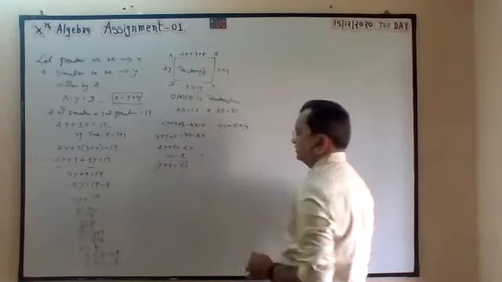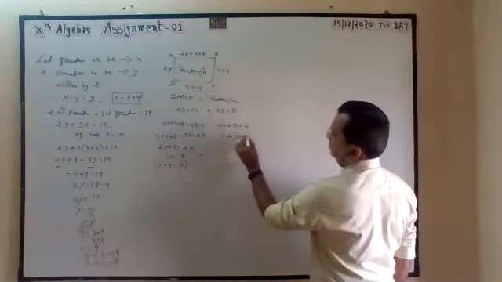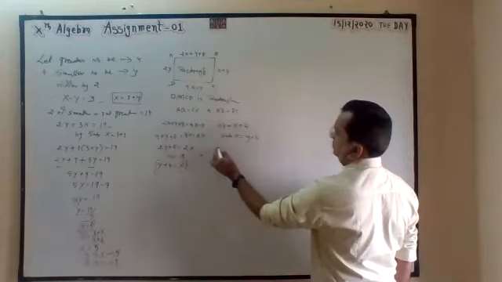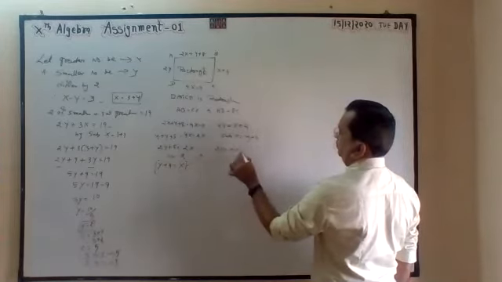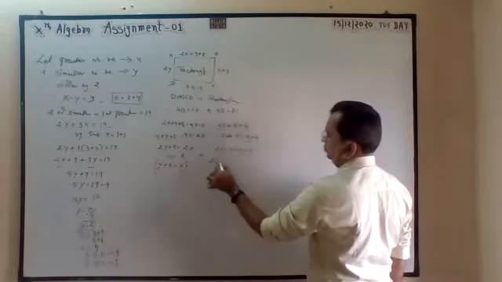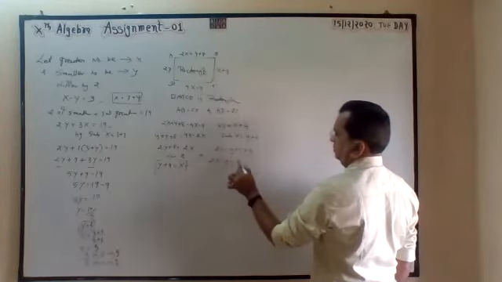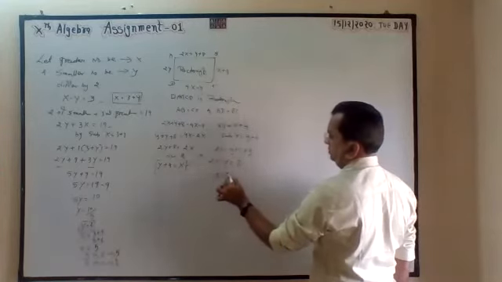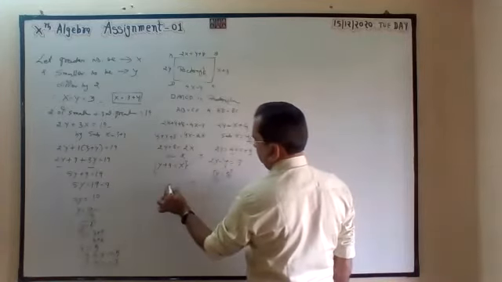I'll substitute x. Substitute x is equal to y plus 4. 2y is equal to y plus 4 plus 4. 2y minus y is 8. Again substitute.